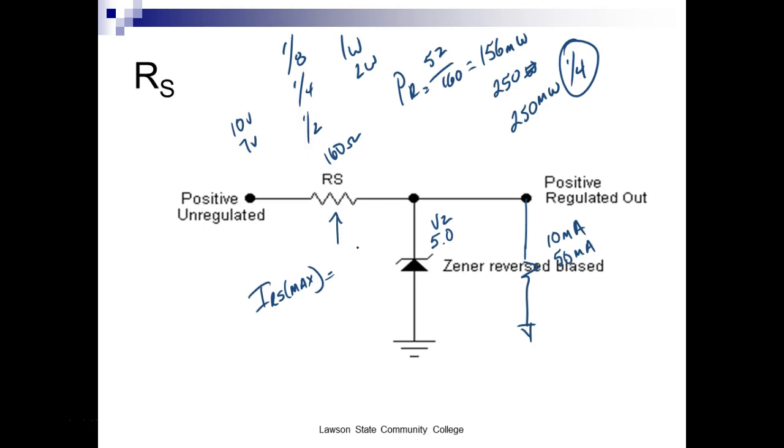So when would the current flow through RS be maximum? I is equal to V over R, guys. We know R is going to be 160, right? You understand that? So when would the current flow through the resistor be maximum? When would the resistor current be maximum?